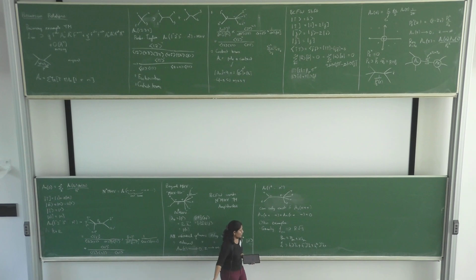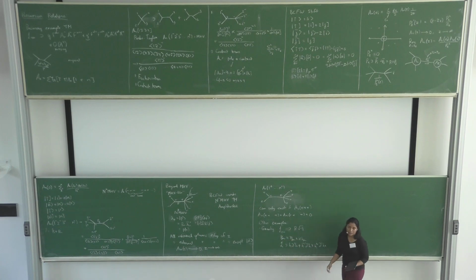And of course, all of the couplings are related to one another, exactly as in the case of Yang-Mills. Okay? And that allows you, again, to show that the pole at infinity vanishes, and so you can use BCFW. Good. So this is an important example where BCFW actually works.